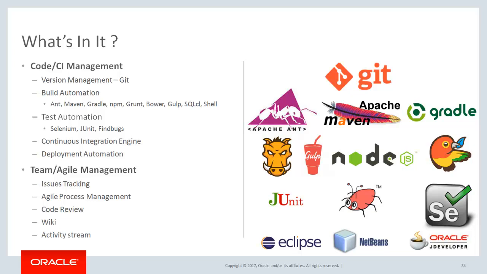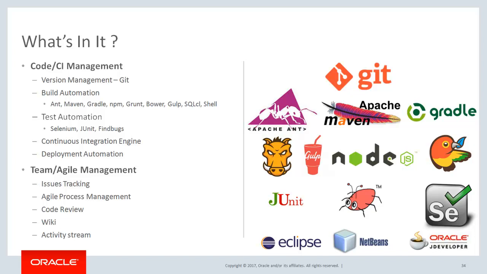And then there is build automation for different languages, including Java, for which you can use Ant or Maven or Gradle, and npm for Node, etc. You can also use a generic shell command or talk to Oracle database using SQLcl. We also have a continuous integration engine as well as a deployment automation component built in within Oracle Developer Cloud.